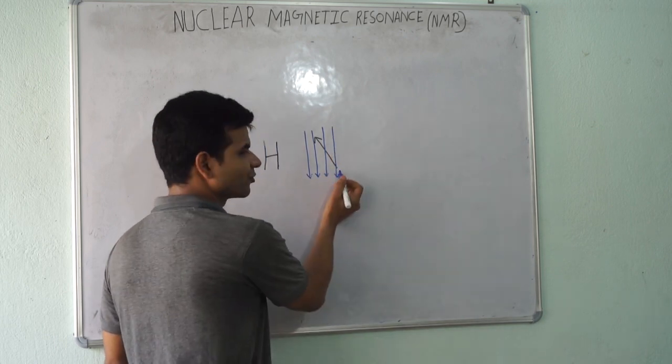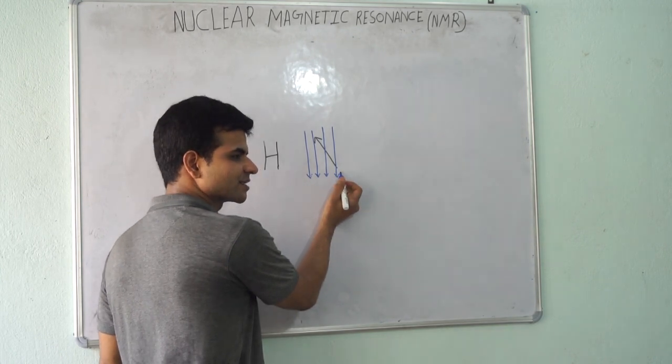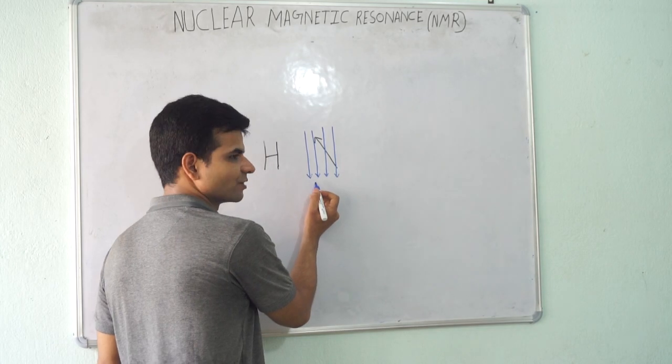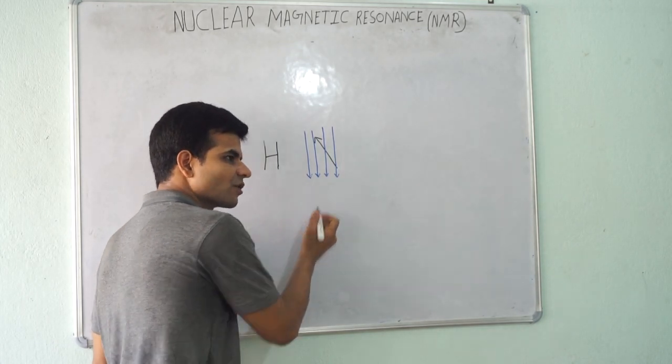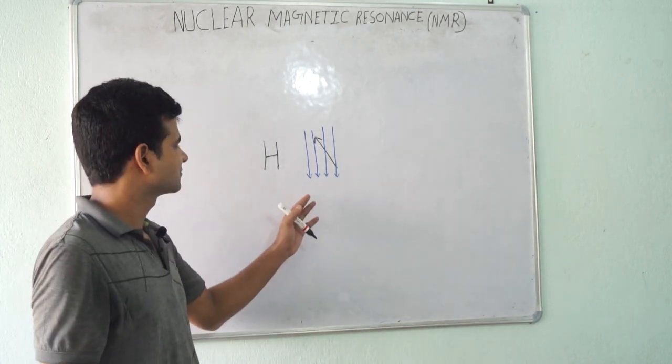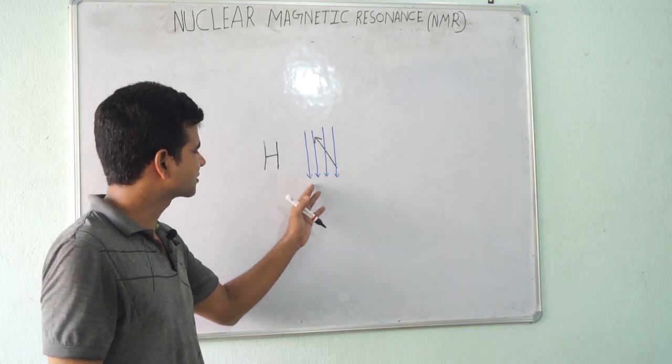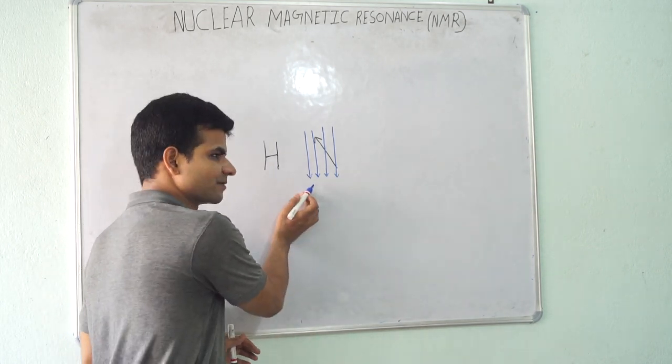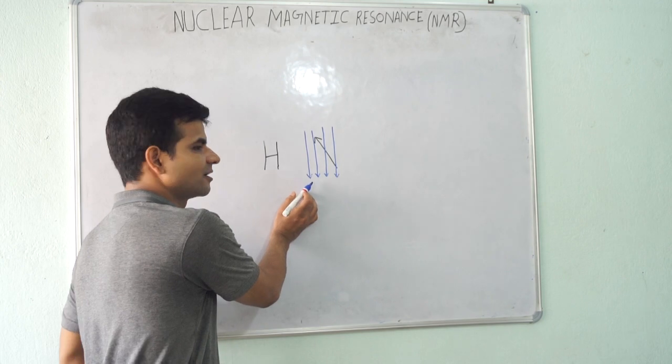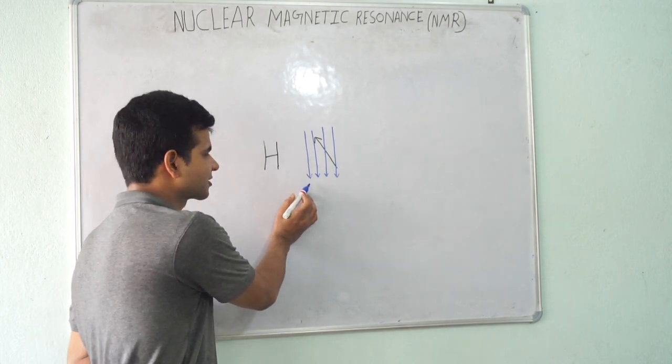Here the black arrow is indicating the direction of the magnetic field of the hydrogen atom, but the blue arrow is indicating the direction of the external applied magnetic field.